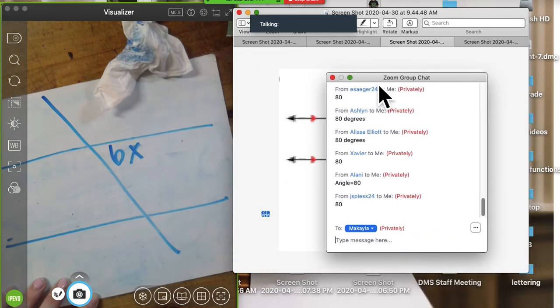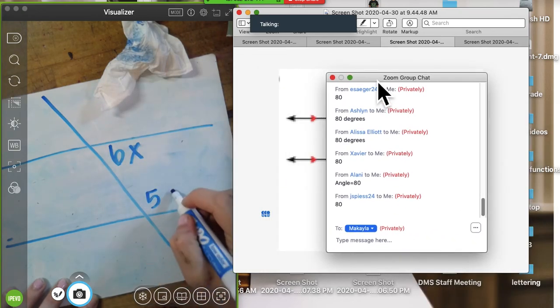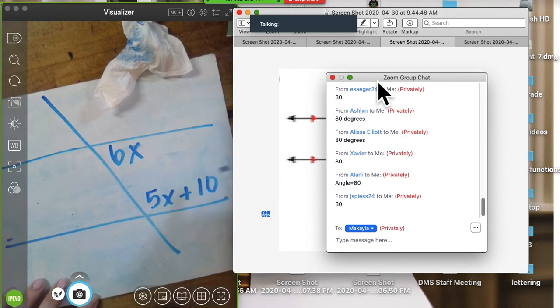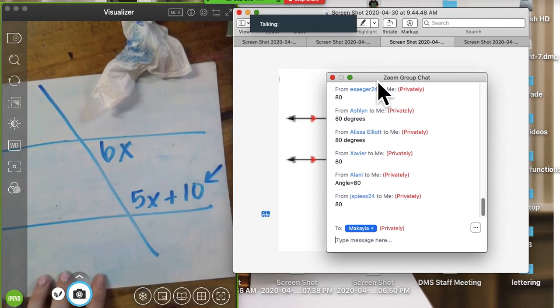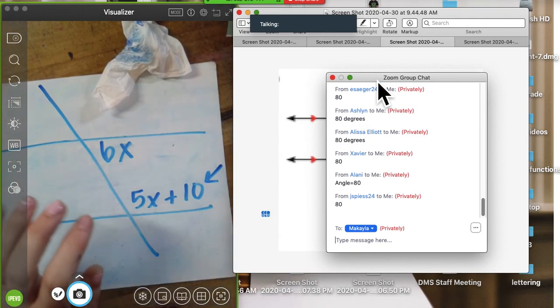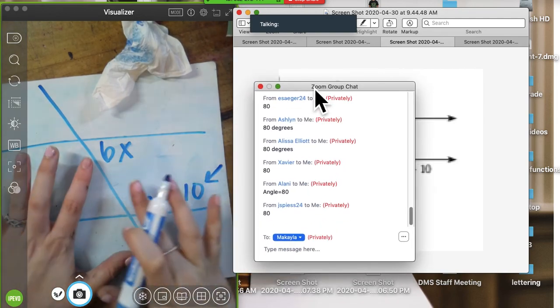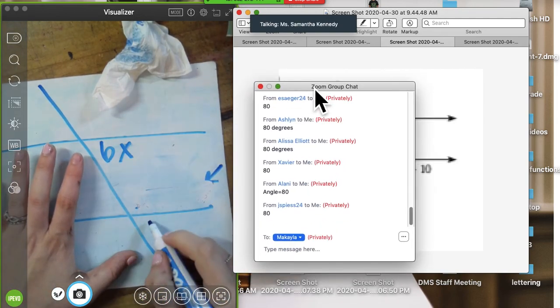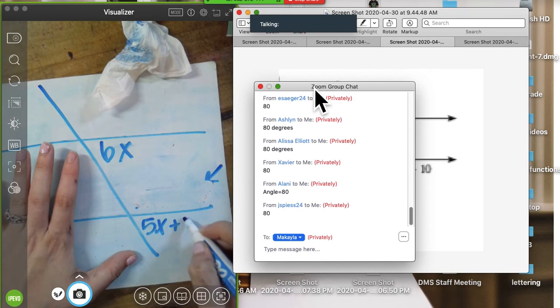Can't see the problem. Okay. I want you to tell me what this angle is right here. Oh, wait. Nope. I wish I could just write something correct. It's down there.